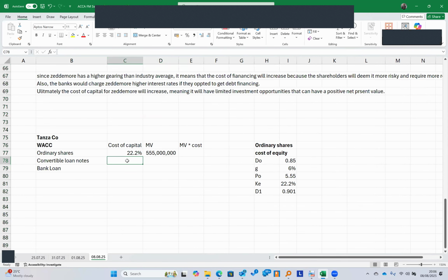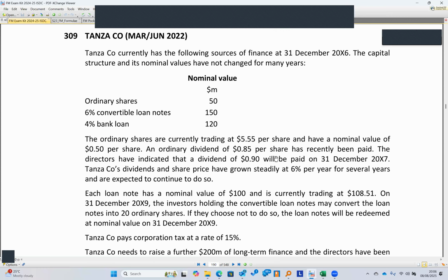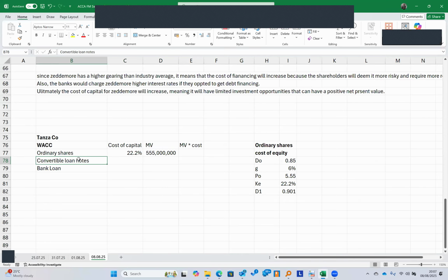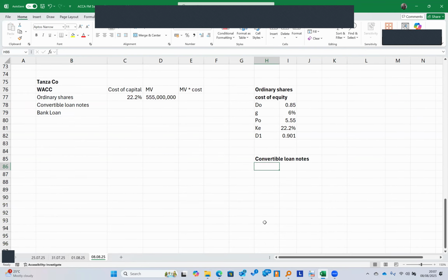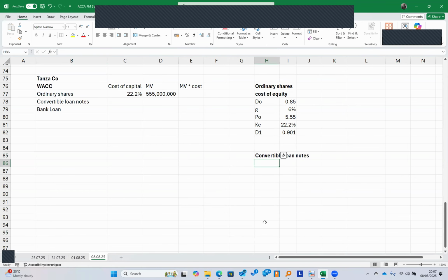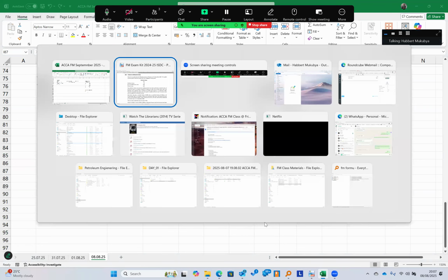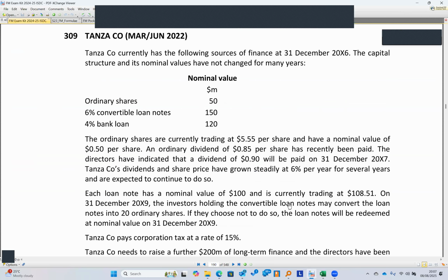Then for the convertible loan notes. Now, convertible loan notes, what we saw yesterday for loan notes is that you set up years, year 0, that's the market value, which is 108.51.